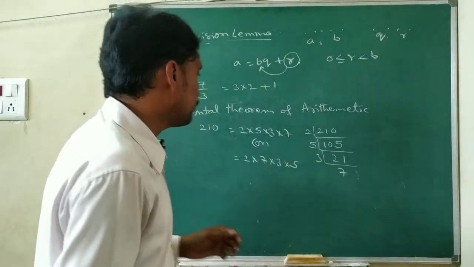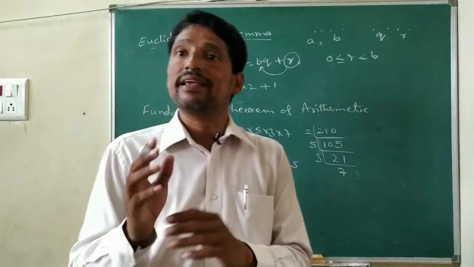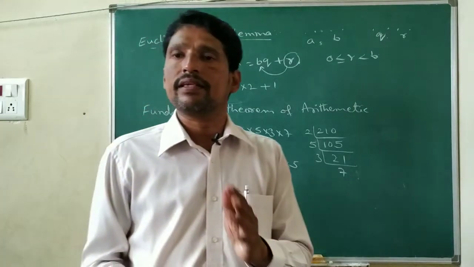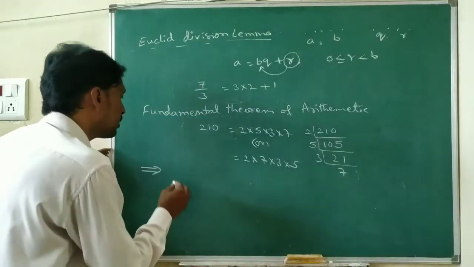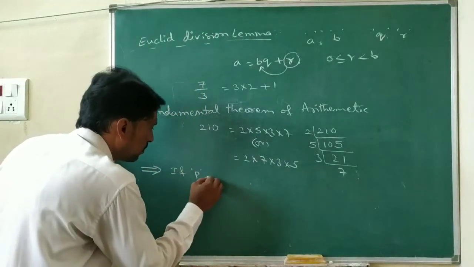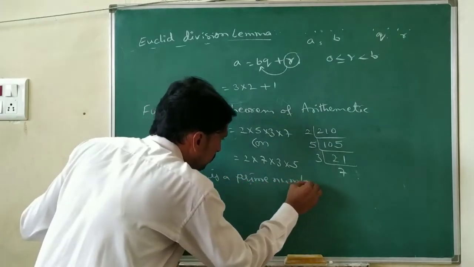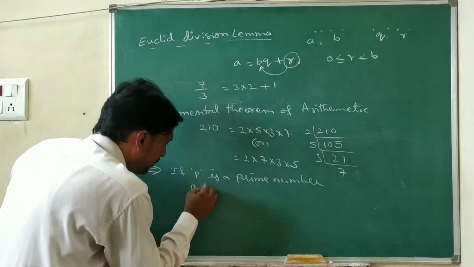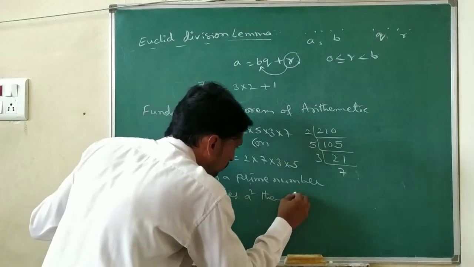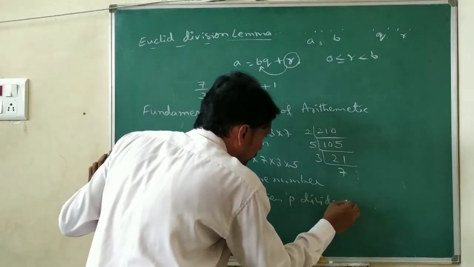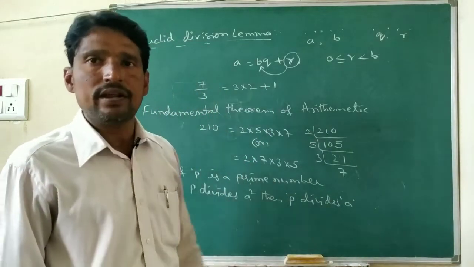One more statement, this is a theorem statement. If p is a prime number and p divides a square, then p divides a.